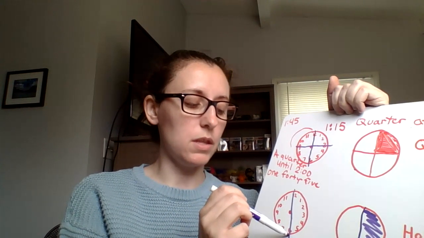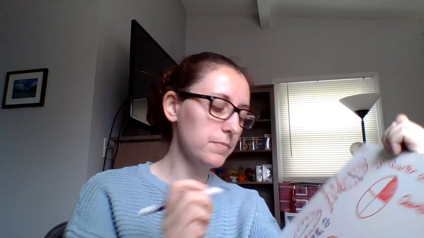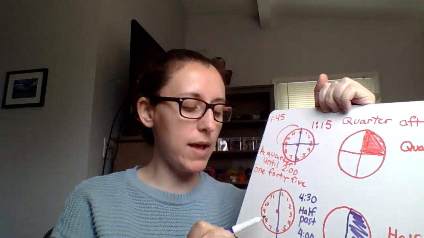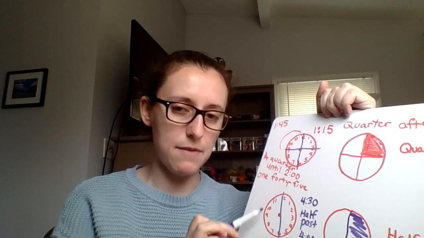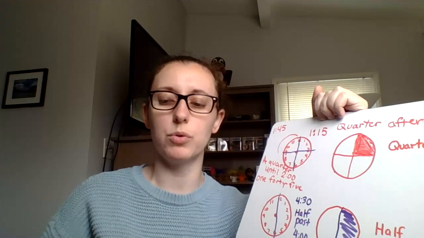And so we could say that when it's at the 30, if the time was 4:30, it would be 1/2 past 4, because we've gone halfway around the clock and we still have another half to go through to get to the next hour.